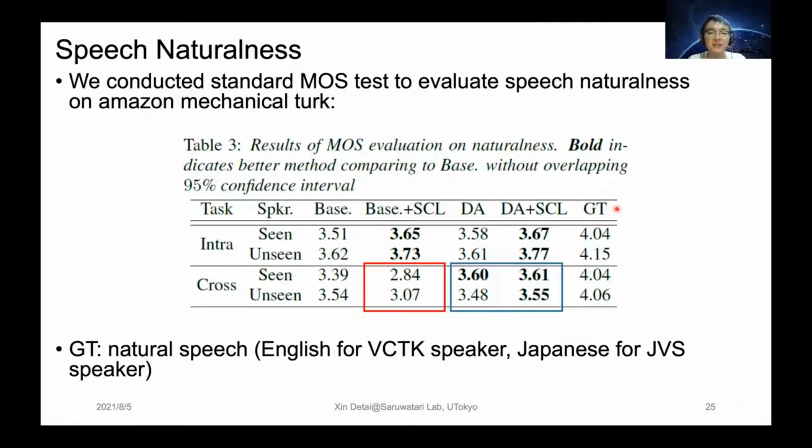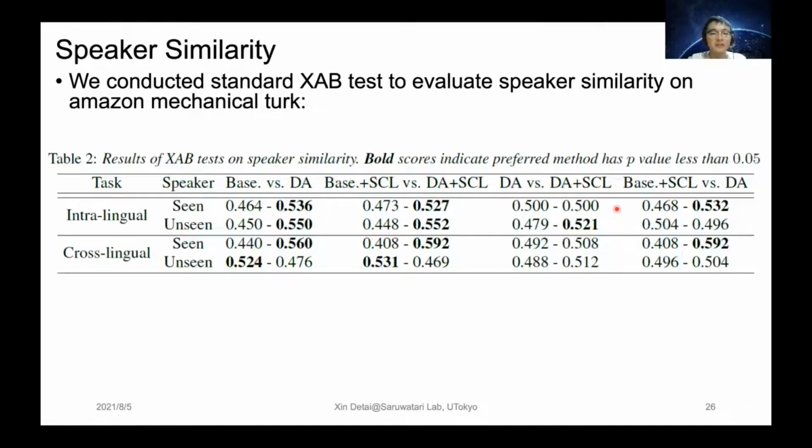But if we look at the cross-lingual tasks, you can see that the base plus SCL model has poor performance. This demonstrates that the knowledge saved in the language-dependent speaker encoder is not suitable for cross-lingual speaker adaptation.